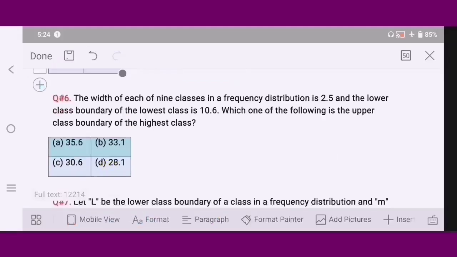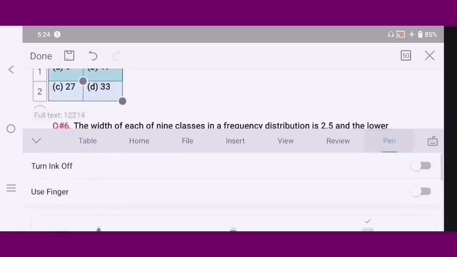Question number 6. The width of each of the 9 classes in a frequency distribution is 2.5 and the lower class boundary of the lowest class is 10.6. Which one of the following is the upper class boundary of the highest class? Options are 35.6, 33.1, 30.6 and 28.1. So let's solve this.